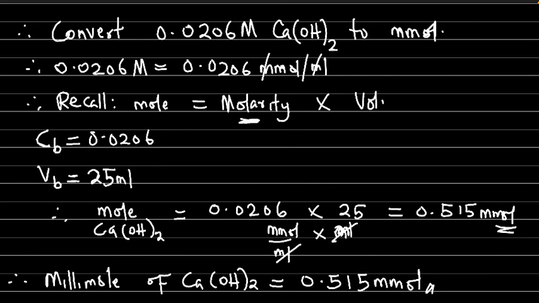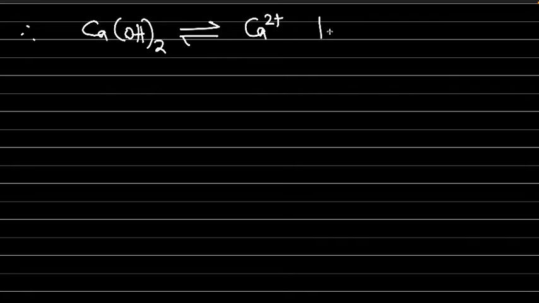So I'll simply come here and say, so therefore, this is calcium 2 plus, and the ratio is 1 is to 1 is to 2. Now the mole of this guy is 0.515.